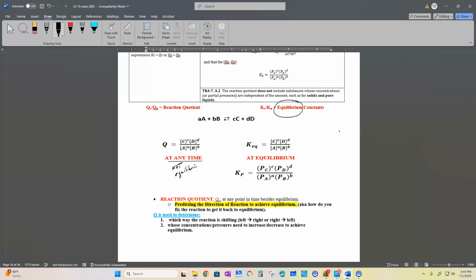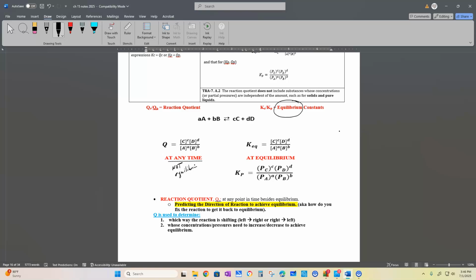If you notice the equation, A plus B makes C and D, it's still products over reactants, whether it be Kc or Kp or anything like that, it's still solved the same. But what is the whole point of Q? The reaction quotient is at any point in time besides equilibrium.